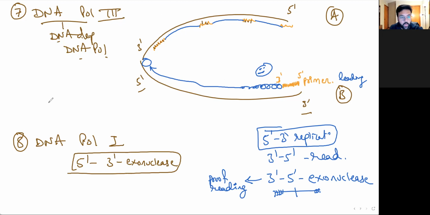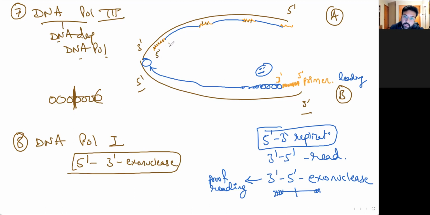Okay, exonuclease. Let's say you have this chain of nucleotides. If you want to cut a nucleotide from the end, you can use exonuclease. But if you want to cut right in the middle, you have to use an enzyme called endonuclease. Now, as I said, it has 5' to 3' exonuclease activity.